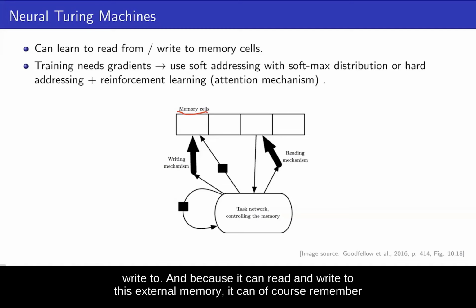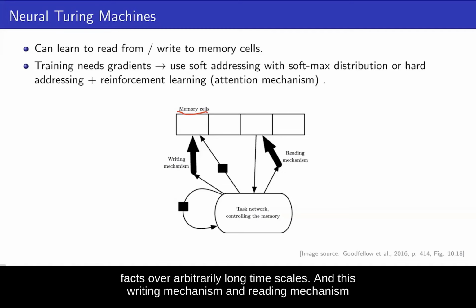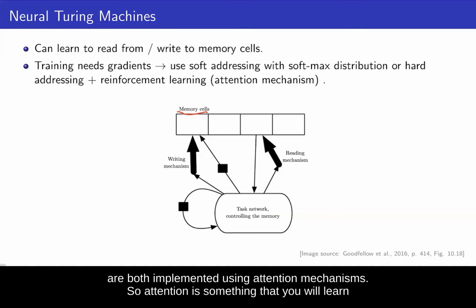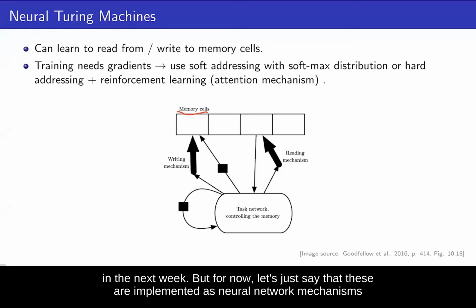And because it can read and write to this external memory, it can, of course, remember facts over arbitrarily long time scales. And this writing mechanism and reading mechanism are both implemented using attention mechanisms. So attention is something that you will learn in the next week.